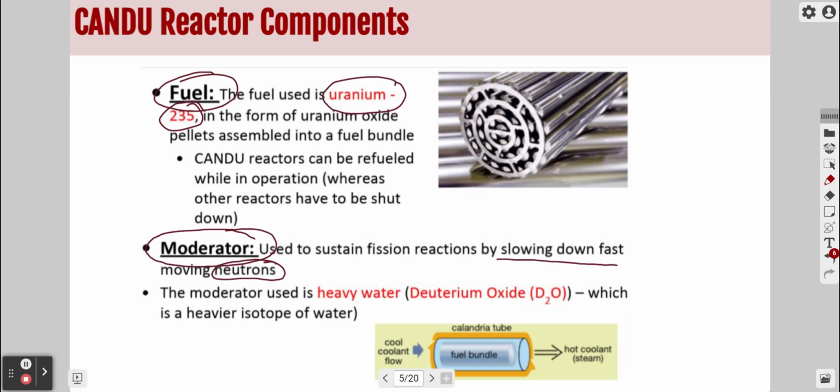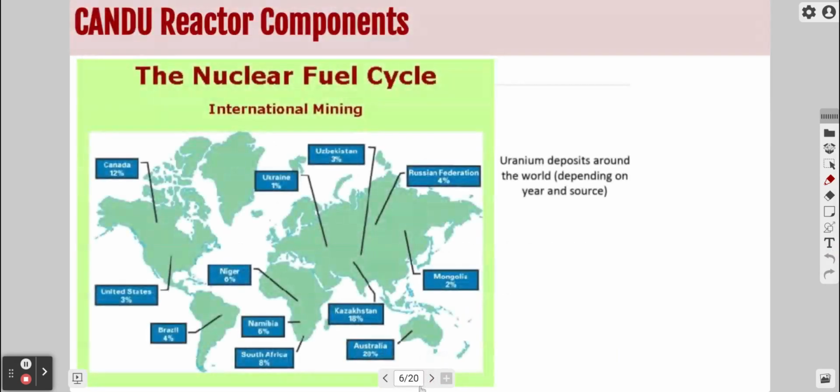They use something called heavy water, which is water with a different isotope of hydrogen instead of regular hydrogen. Just know that it's used to slow down the reaction.